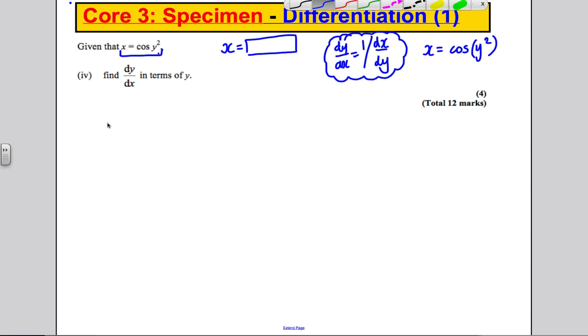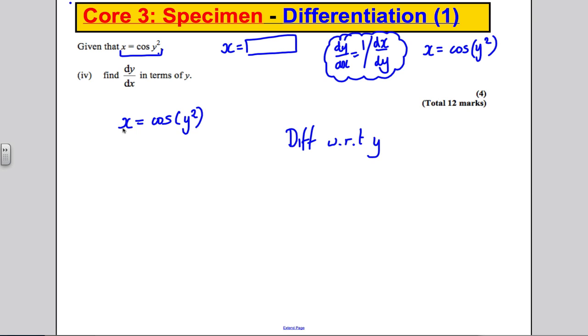Okay, let's have a go. If x is equal to cos, I'm going to put a bracket around it, I think it's safer like that, y squared, you can differentiate both sides with respect to y. Differentiating x with respect to y, you get dx by dy.